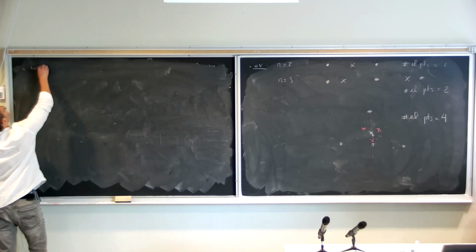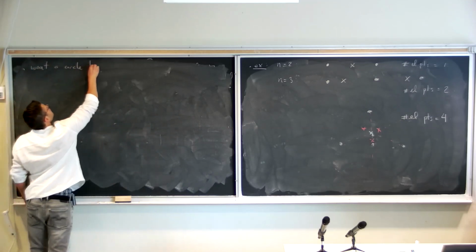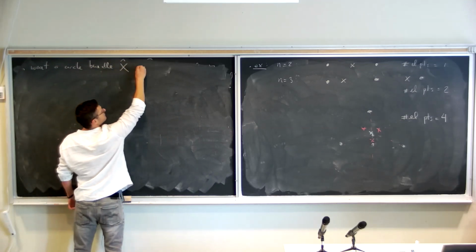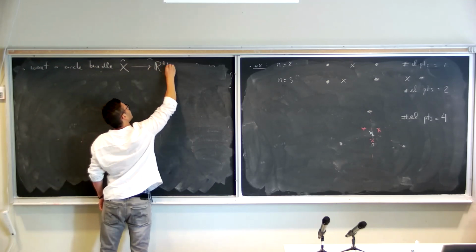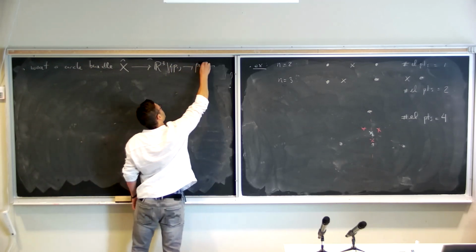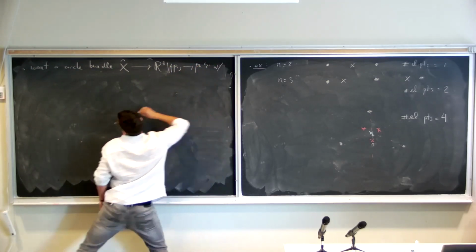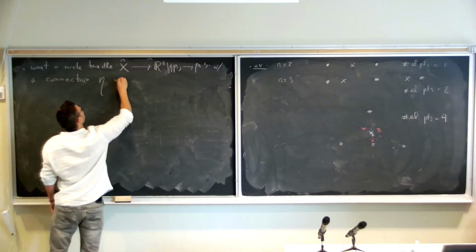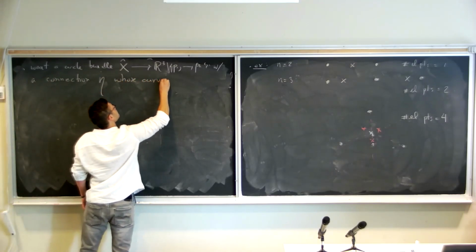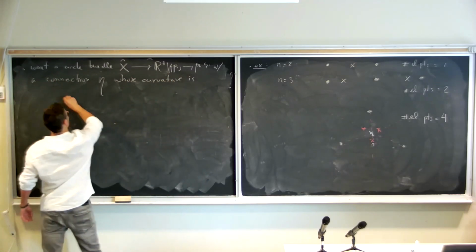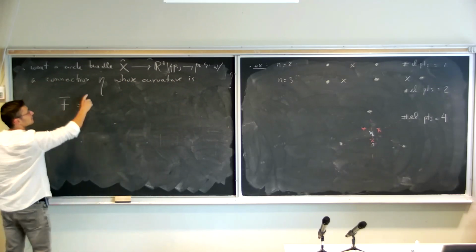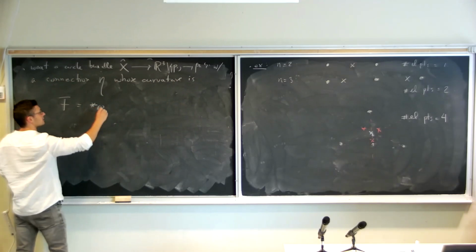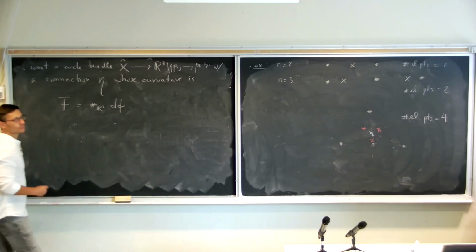So we want a circle bundle X hat, that's a subset of X over R3 minus those points, with a connection theta whose curvature is F. In eta, you can think of it as a one form in the total space, F is the Hodge star with respect to the Euclidean metric on R3 of d phi. This is basically the electric field. Okay.